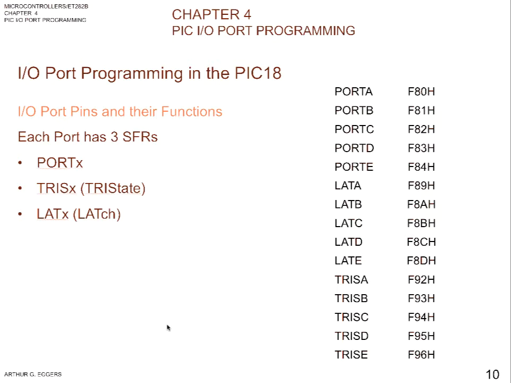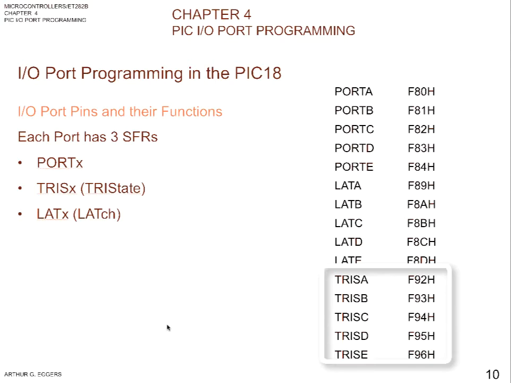So each of the ports, A through E, as depicted here, can be used for input or output. The tri-state special function registers are used solely for the purpose of making a given port an input or an output. So you have to define those. For example, to make a port an output, write zeros to the tri-state buffer X register.